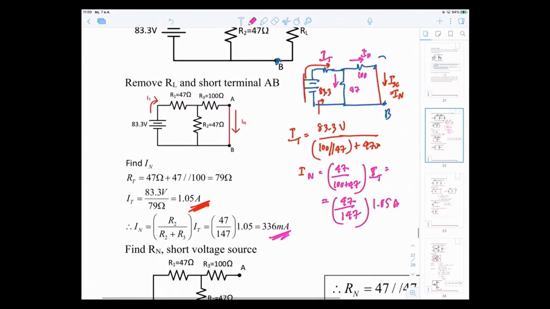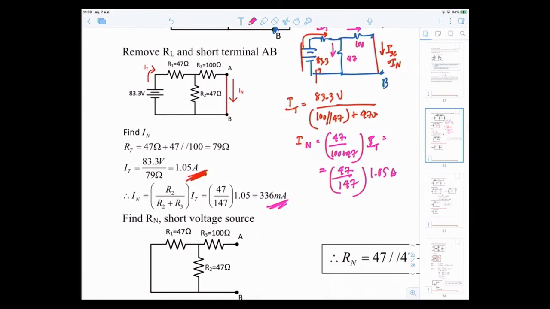To find RN, it's the same way as to find RTH, Thevenin resistance. So therefore I short my voltage source, so I short my 83.3 volt. Look in here, what's R total? You will see that 47 and this 47 are in parallel. So 47 parallel with 47, and then you add with 100 ohms plus 100 ohms.